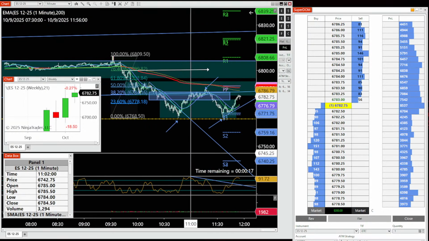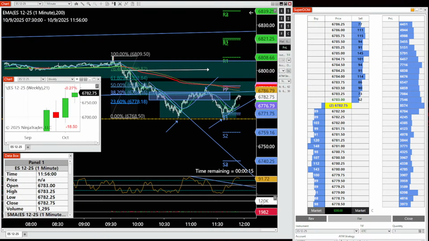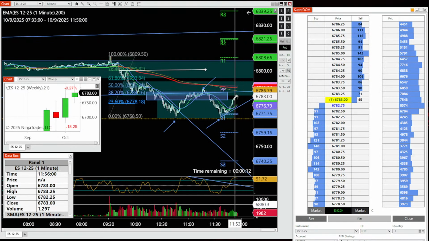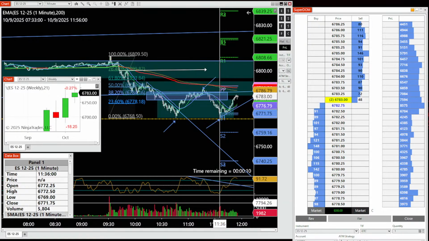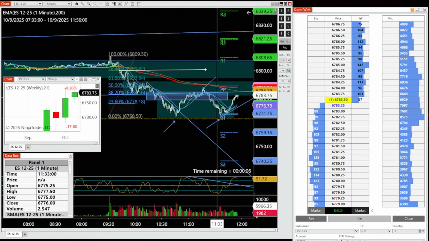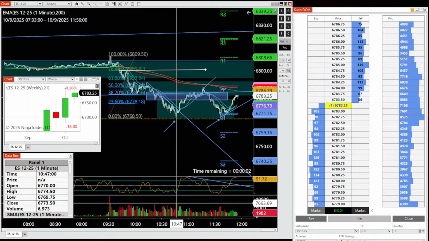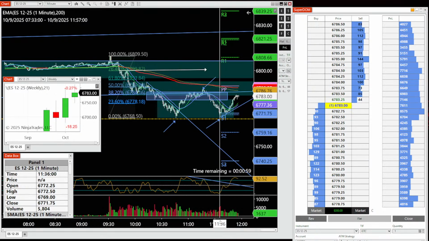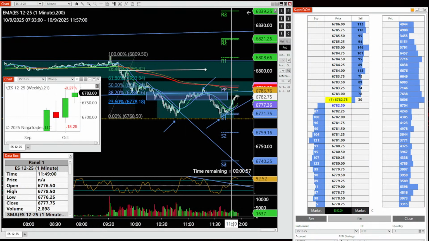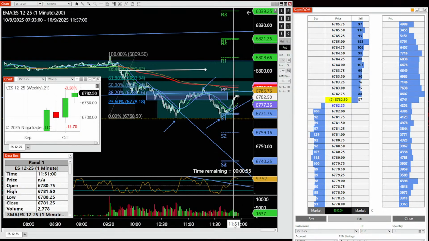Now the shorts are exhausted. Not as high as previously over here, but shorts got exhausted in here. Buyers stepping in.